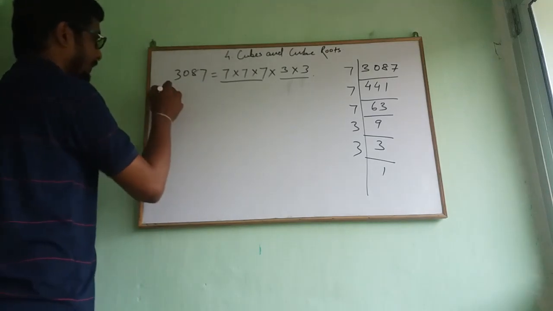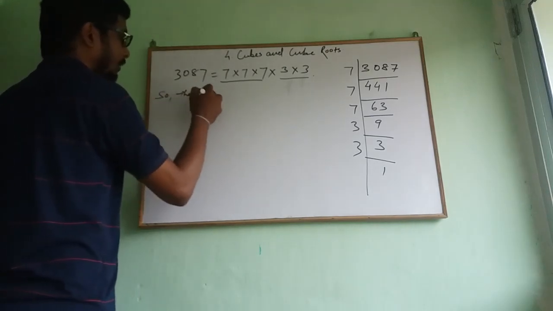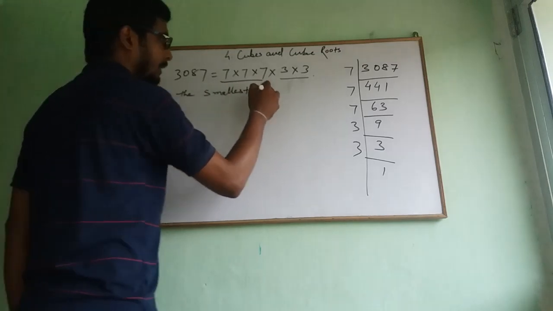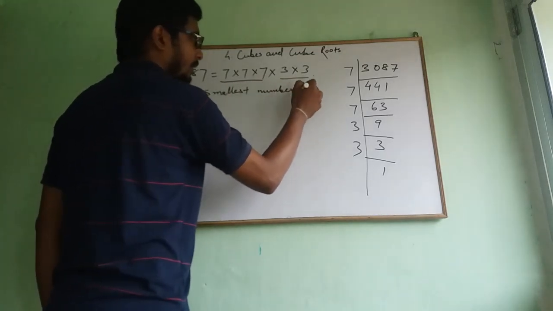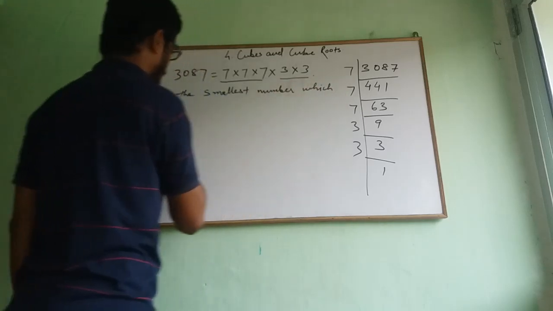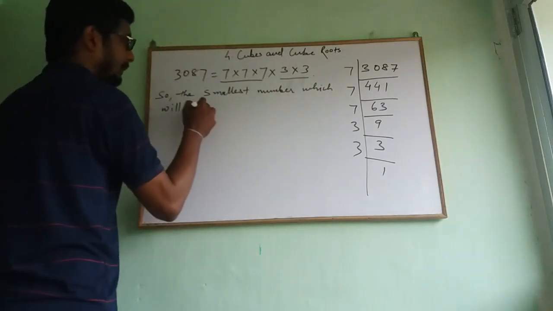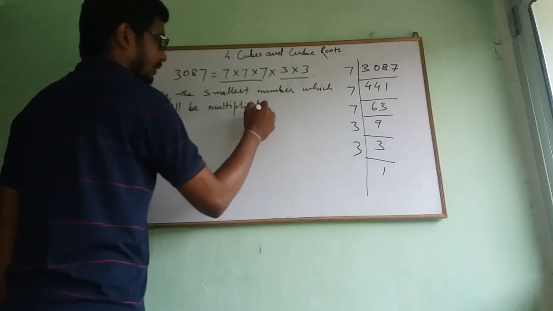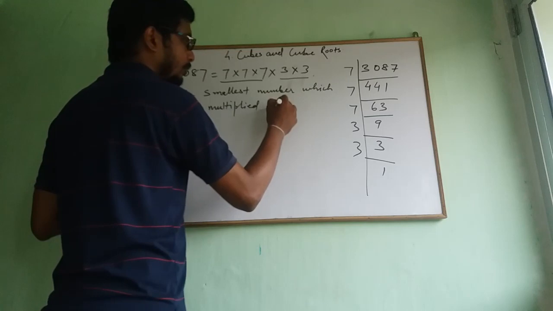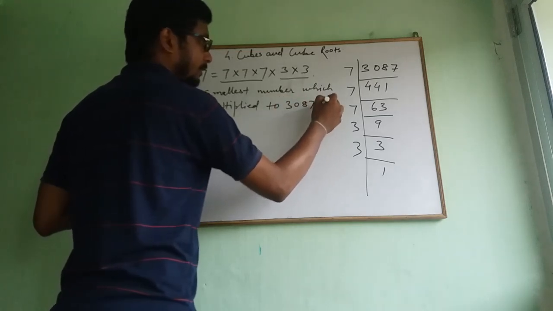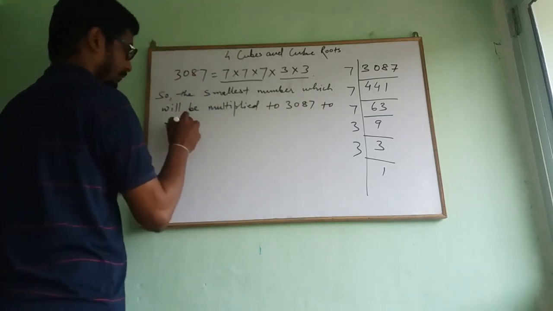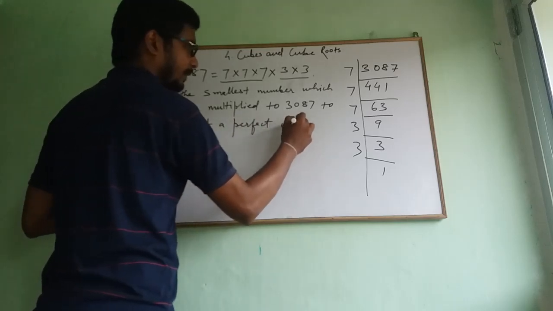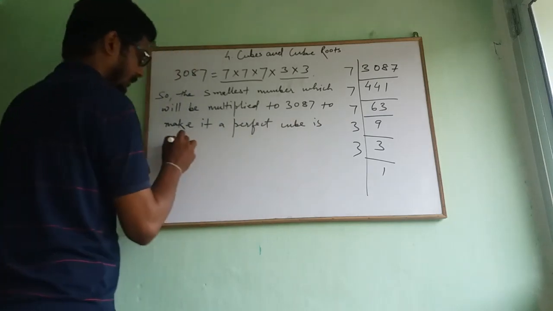So the smallest number which will be multiplied to 3087 to make it a perfect cube is 3.